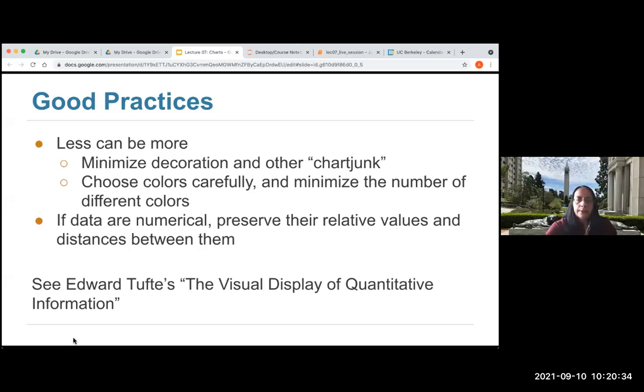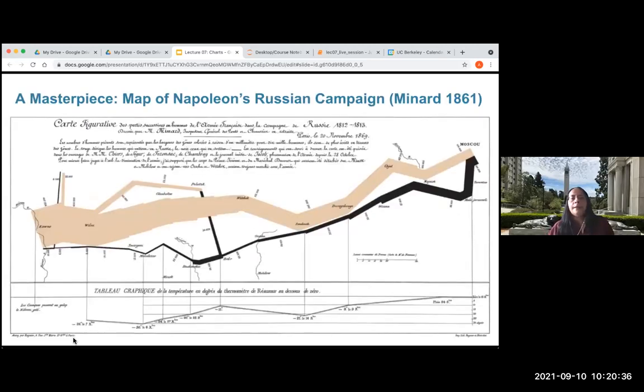And that is this map of Napoleon's Russian campaign, which was 1812 to 1813. The map was drawn by a Frenchman called Minard about 50 years later. Before I go into details, do you remember that when I first lectured, in lecture 2 on John Snow, I also showed you his visualization.